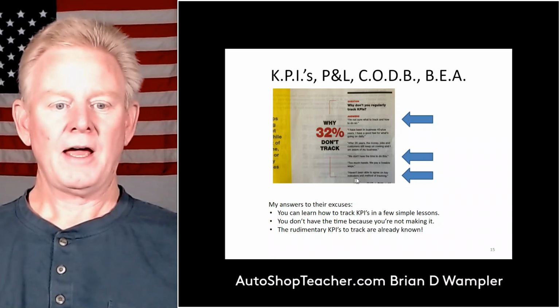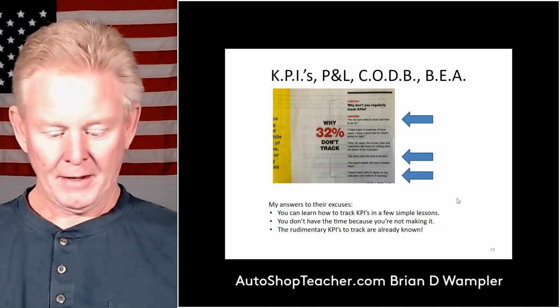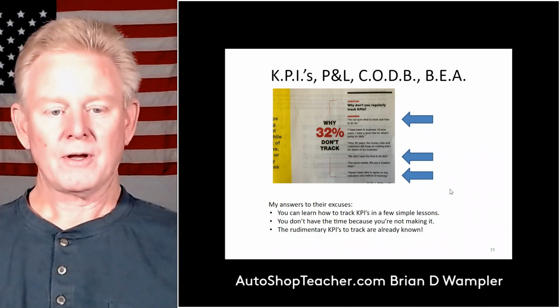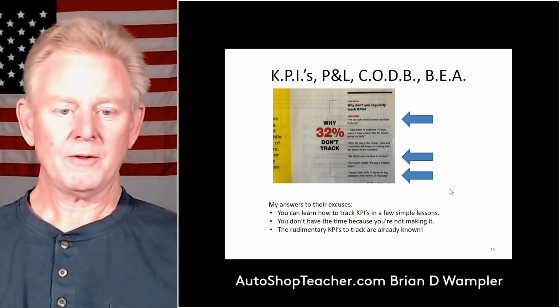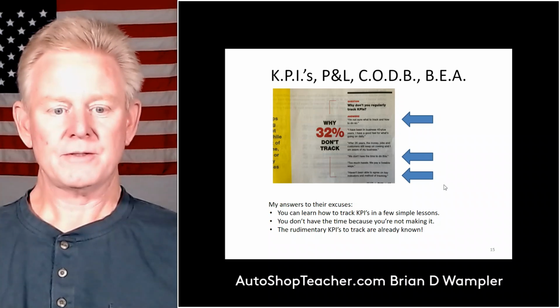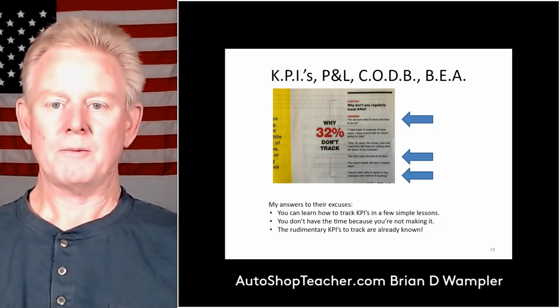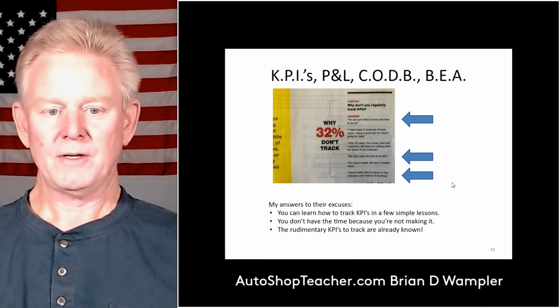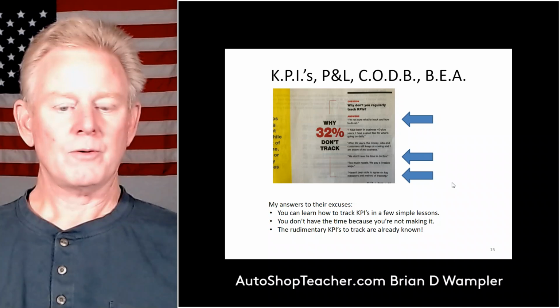And the bottom one, haven't been able to agree on key indicators and method of tracking. Again, that still just kind of baffles me that some of the third of shop owners that are not doing this, that was their answer. The rudimentary, meaning the basic key performance indicators, which I've already mentioned a lot of the main ones, are already known.